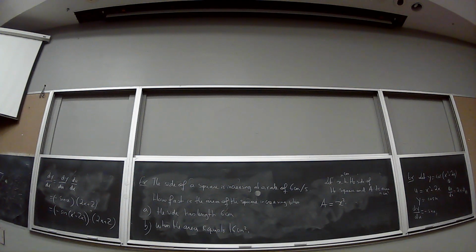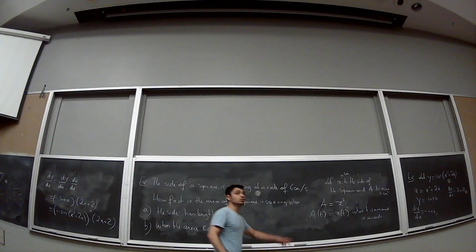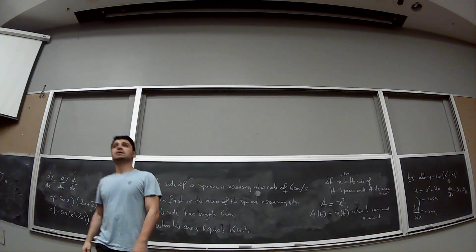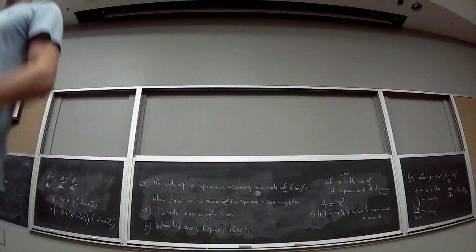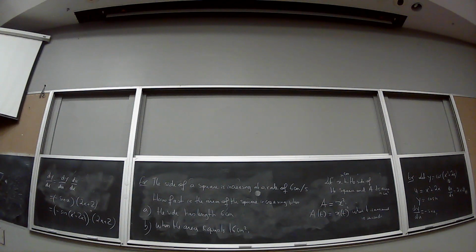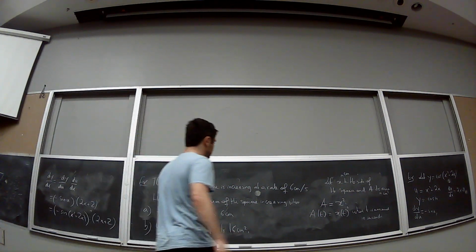So really what I have is A of t equals x of t squared, where t is measured in seconds. Now, how fast is the area of the square increasing when the side has length 6?